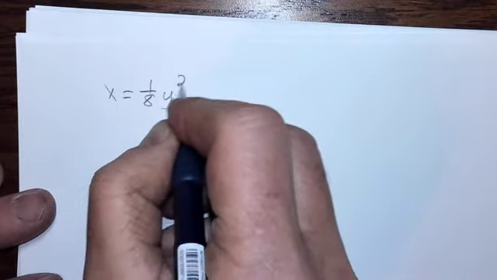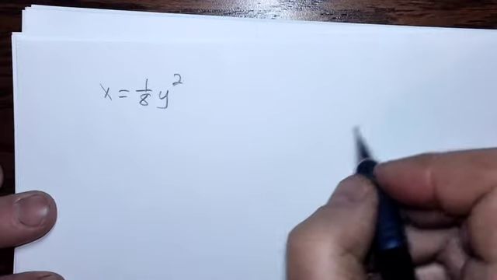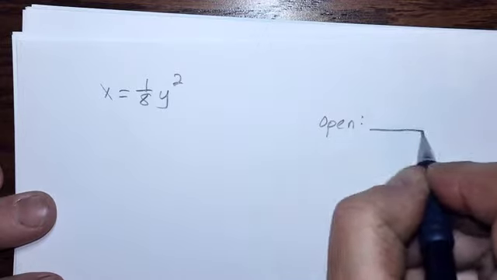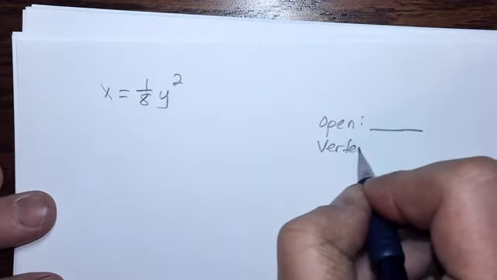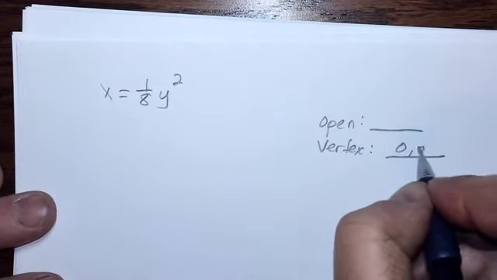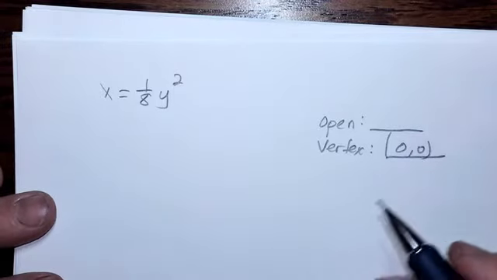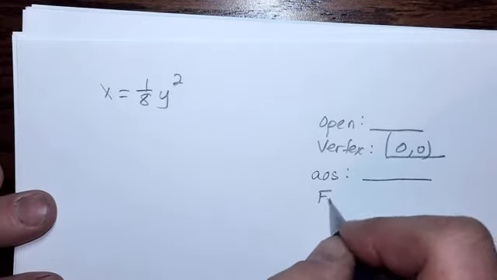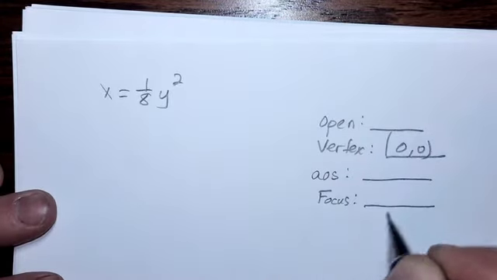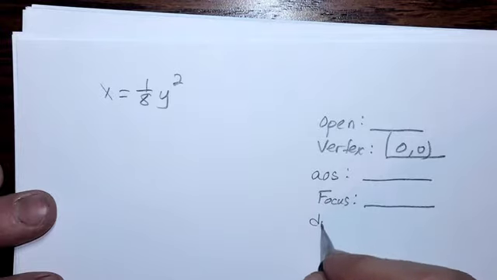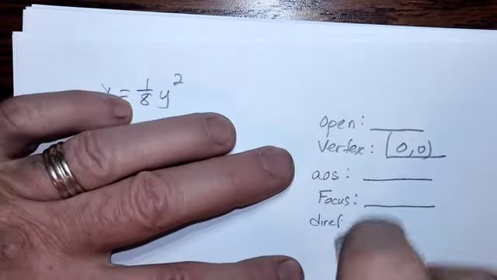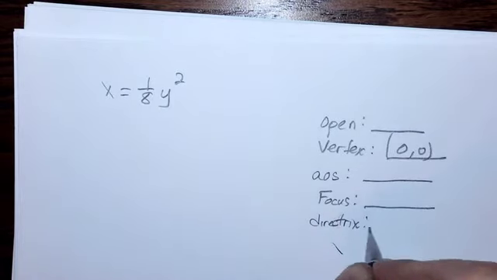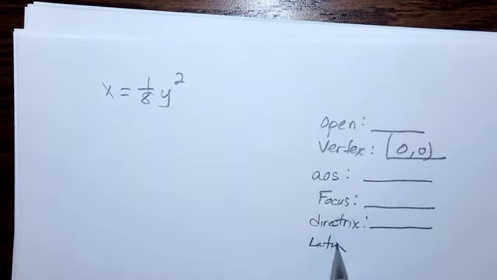1/8 y squared. Okay, so again, what we want to find is which way it opens, the vertex, which we already know is 0, 0. All of these that you're going to be doing at 0, 0. The axis of symmetry, the focus point, the directrix, and the latus rectum.